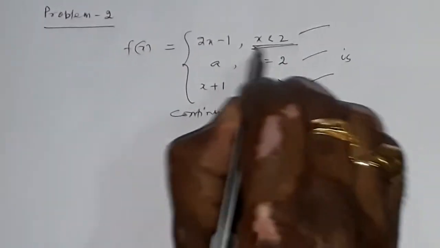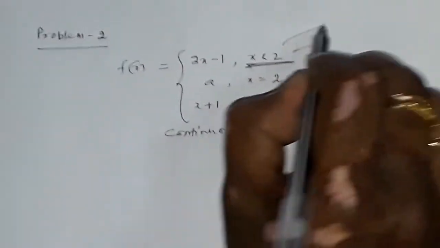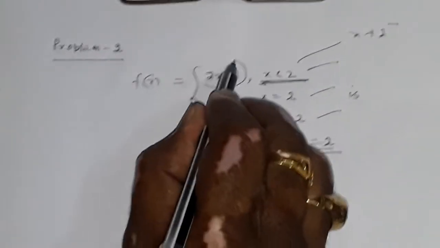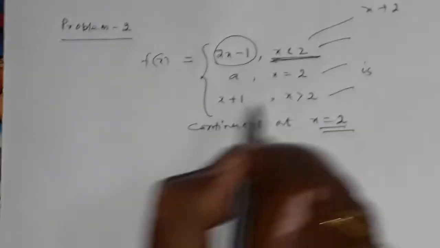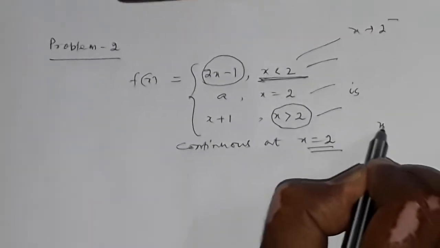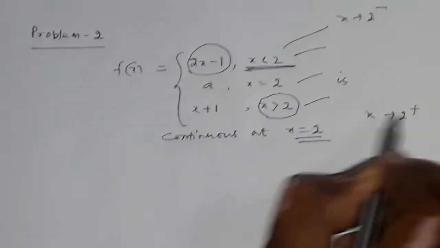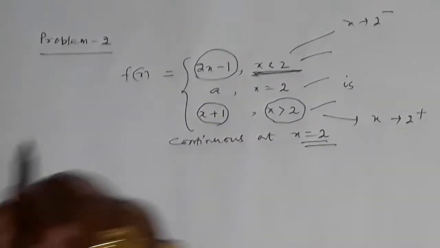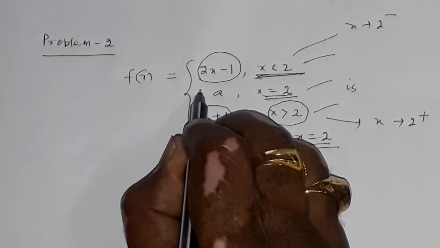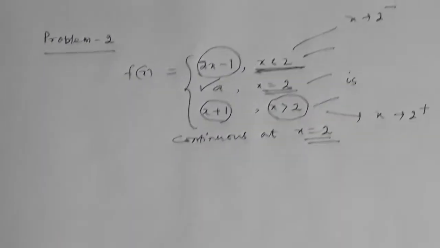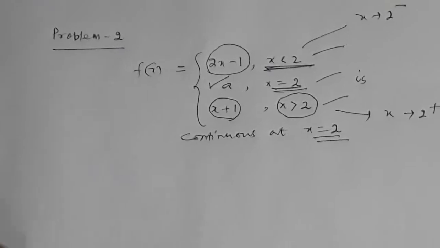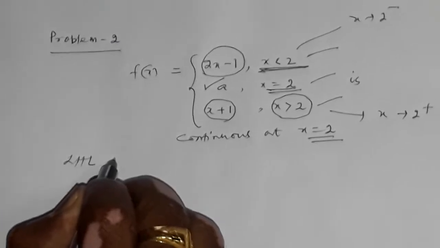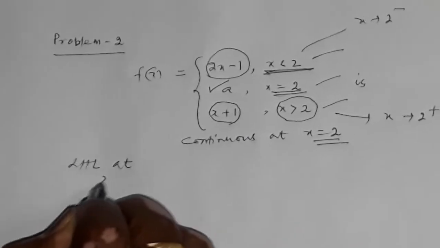When x less than 2, that is x tends to 2 minus, f(x) equals 2x minus 1. When x greater than 2, that is x tends to 2 plus, the function equals x plus 1. When x equals 2, the function is a. So now we have to find LHL of f(x) at x equals 2.